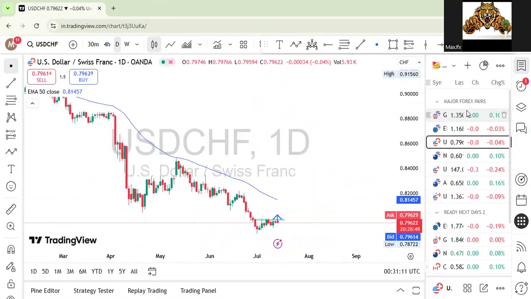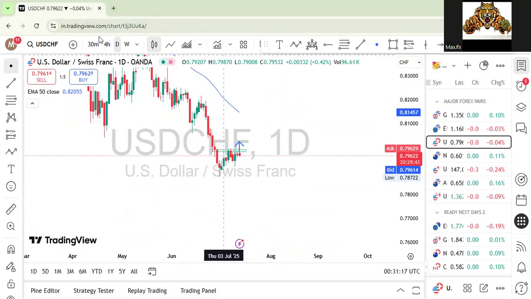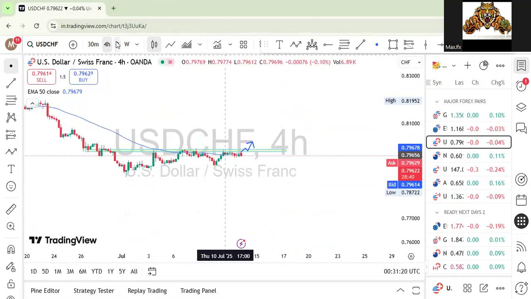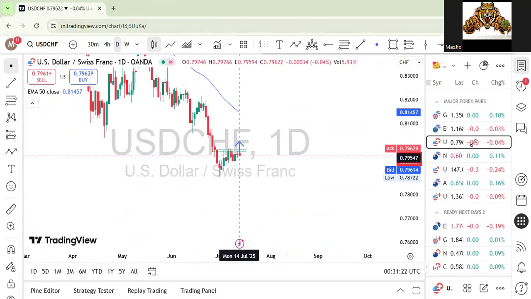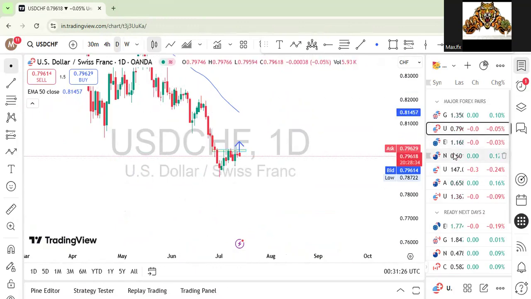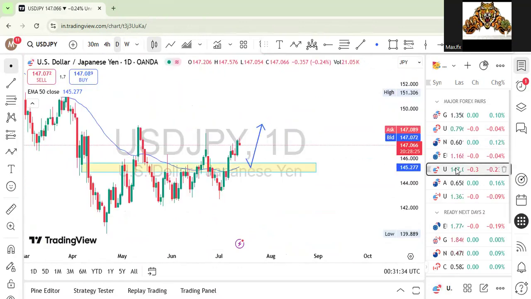My next pair will be USD CHF, my second pair. And my third pair will be NZD-USD.